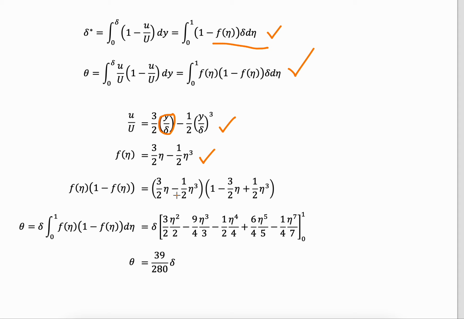If we do this, we could get this term. And then we could calculate the value of theta by substituting this one and integrating over d eta here. So we could get the value of theta as 39 over 280 delta.